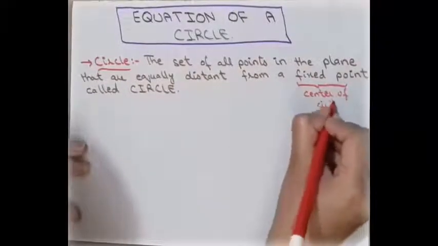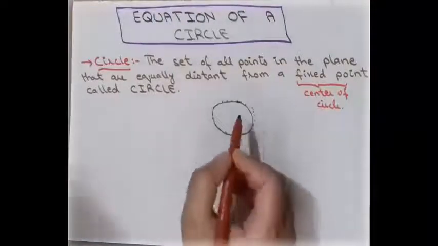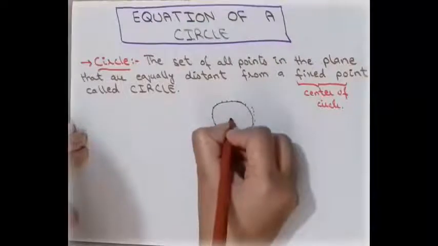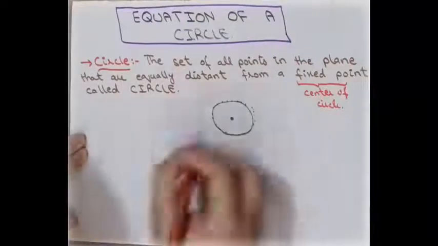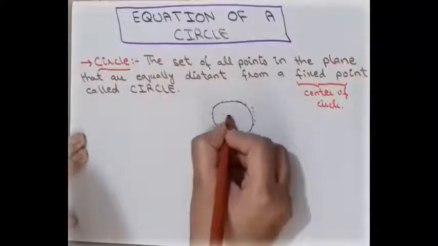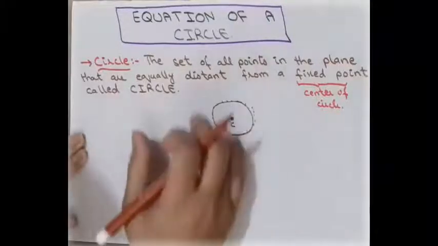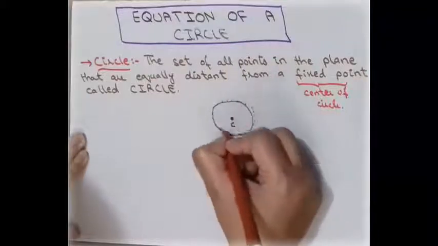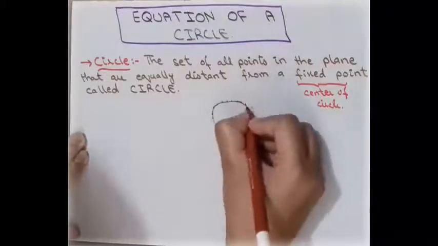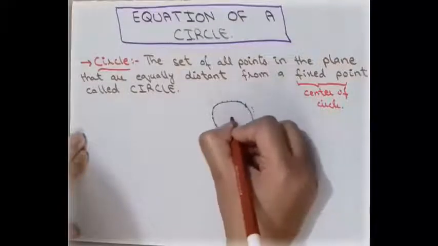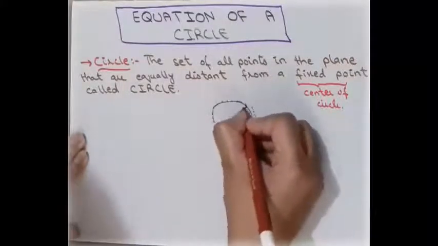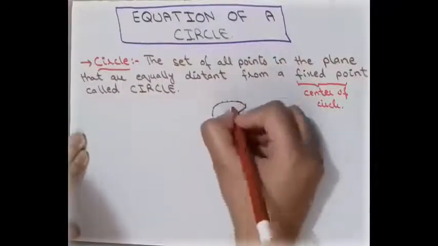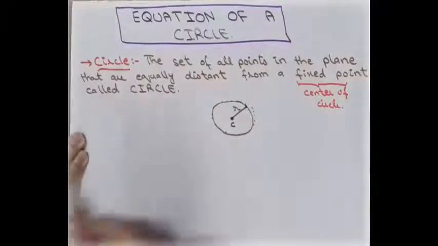As we draw a circle using this definition, if we have a set of points in a plane that are equally distant from a fixed point, it is called a circle, and this point is called the center of the circle. The distance from the center of a circle to any point on the circle is called the radius. For example, if we choose this point on a circle, the distance between the center and this point is called the radius.